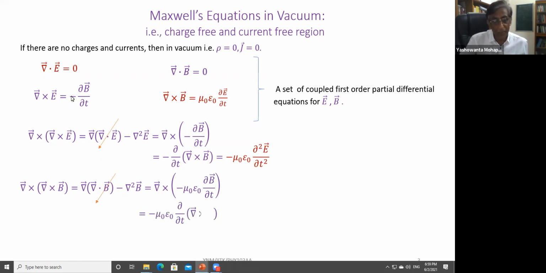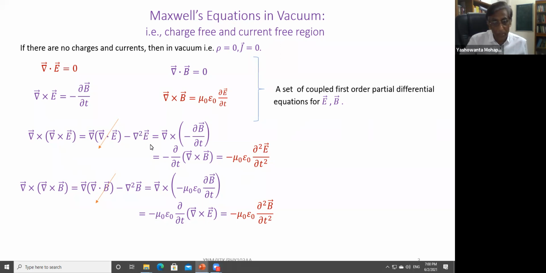Del B by del T will come from here. So you can see the symmetry, right? So del B by del T, we can put in terms of del cross E, all right? And hence it will be del square B by del T square, all right? So now you can see that these are decoupled equations.